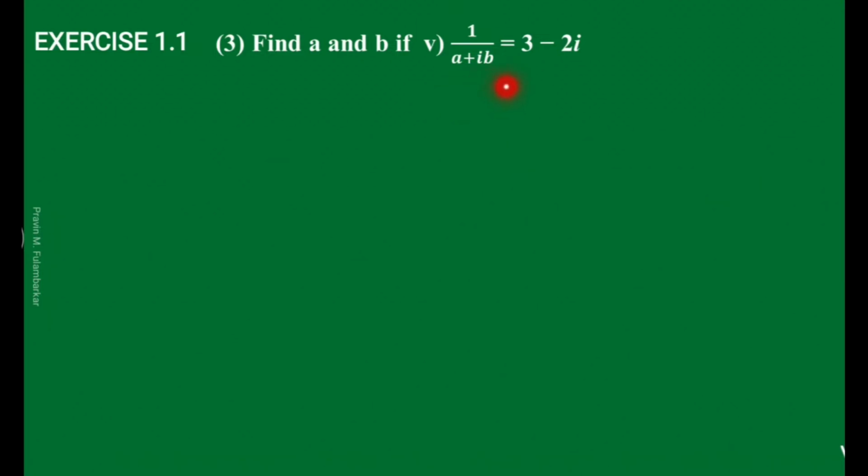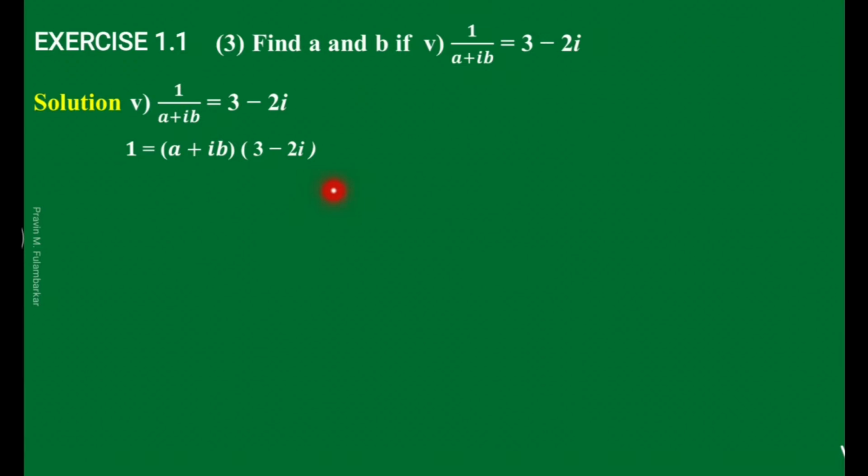So we multiply a plus ib to both sides. So we write in left hand side 1, in right hand side 3 minus 2i into a plus ib.